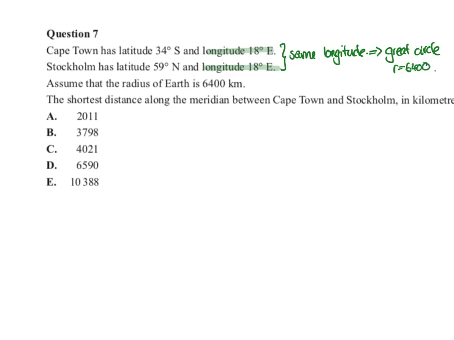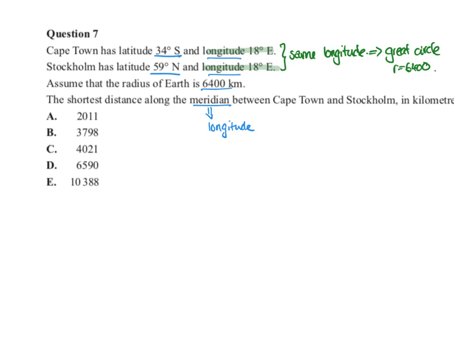It says Cape Town's 34 south, Stockholm is 59 north. Assume the radius is that. The shortest distance along the meridian between them, a longitude is called a meridian, just in case you get confused, they call longitudes meridians, is how many kilometers.